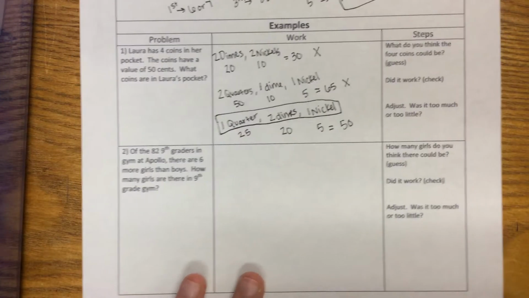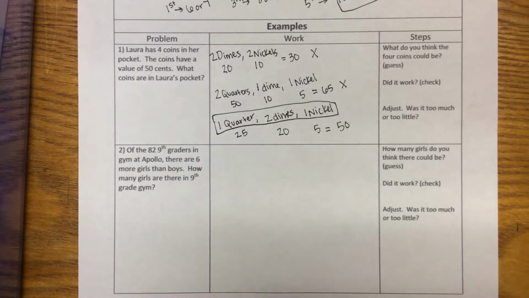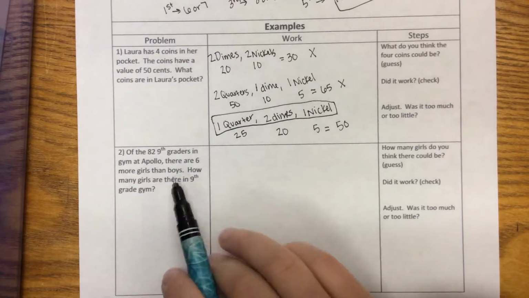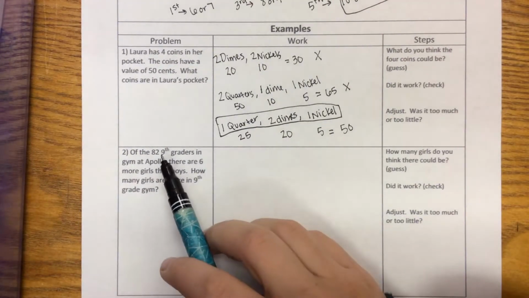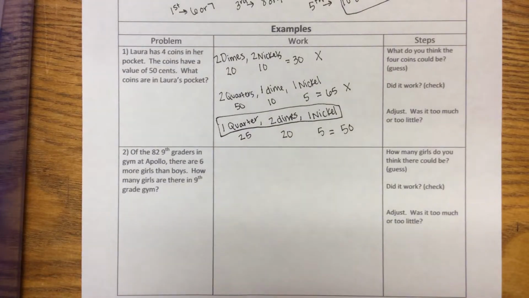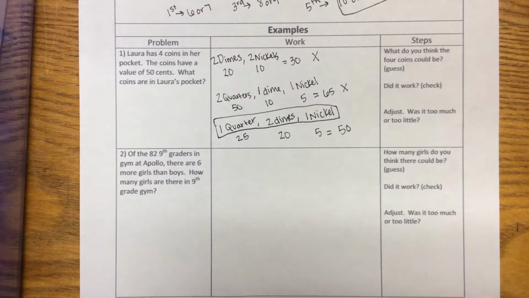Okay, number 2. Of the 82 ninth graders in gym at Apollo, there are 6 more girls than boys. How many girls are there in 9th grade gym? How many girls do you think there could be? Since there's 82, I know that over half of them have to be girls because there's more girls.